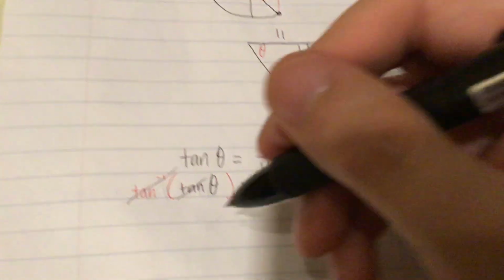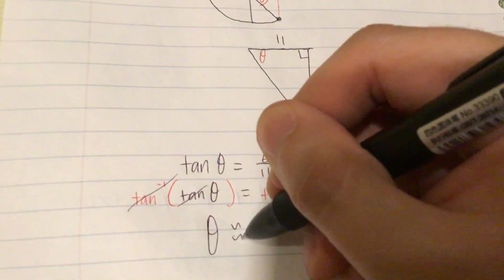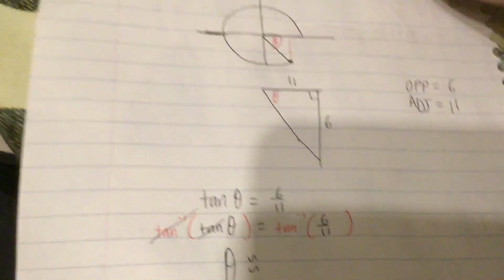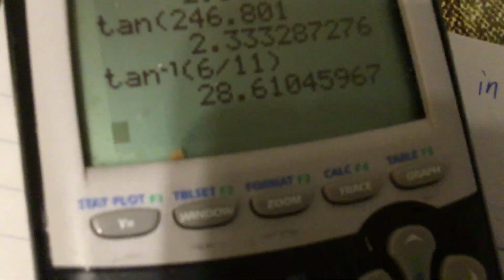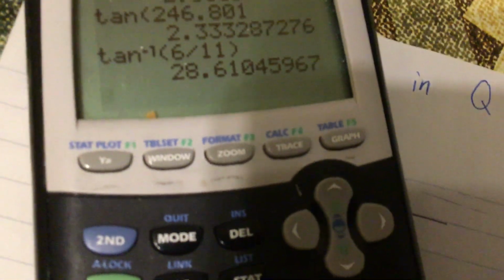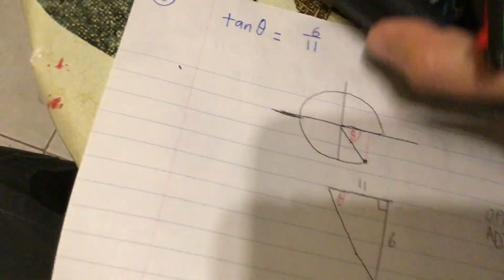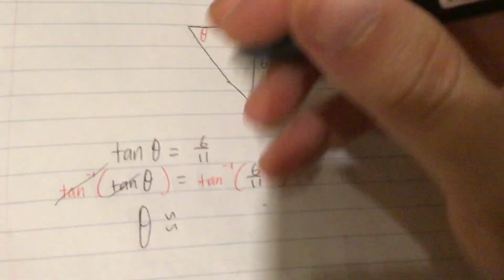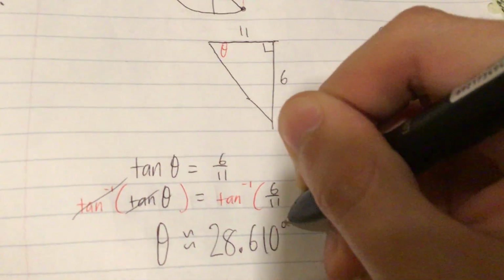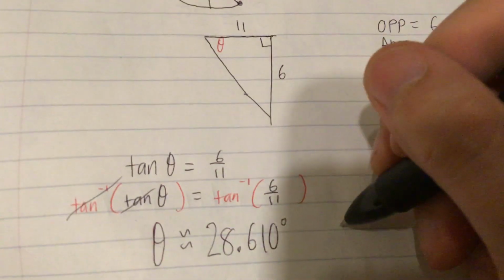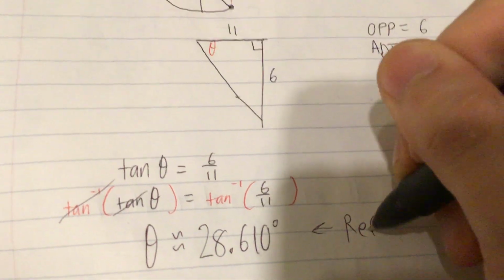Tangent inverse cancels out with tangent, leaving me with angle theta is approximately what? Let's apply the tangent inverse on both sides. So the tangent inverse of 6/11 is 28.610 degrees. But remember, that's only my reference angle.